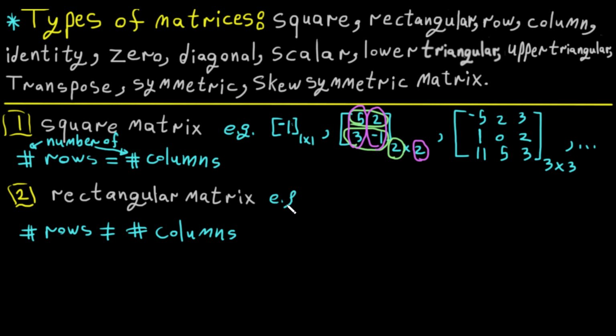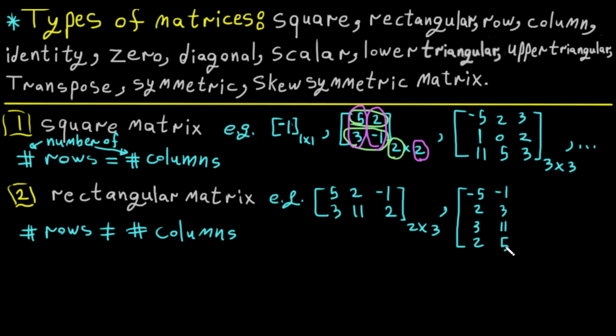For example, this 2 by 3 matrix, 2 rows and 3 columns, which is a rectangular matrix. Another example, this one 4 by 2, and so on. You can write any size you want. If the number of rows is not equal to the number of columns, then it will be a rectangular matrix.